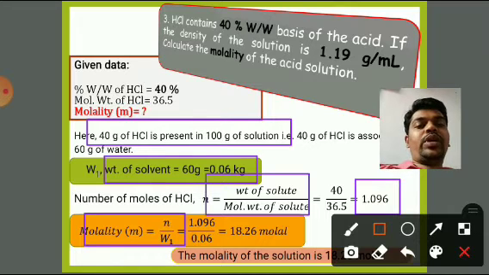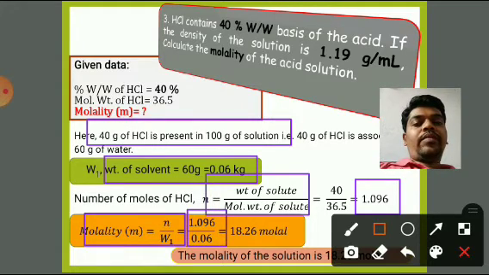Now here the n we have just calculated is 1.096, and w1 is nothing but the weight of the solvent, that is 0.06 kilogram. Just put the value. So we get 1.096 divided by 0.06.